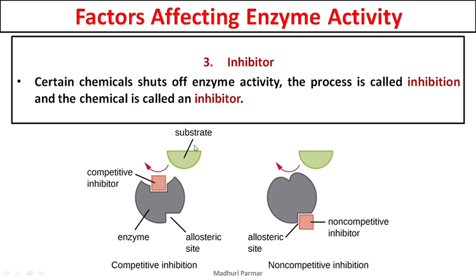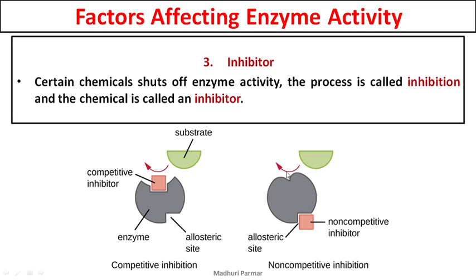In the same way here, there will be competition between the substrate and the inhibitor to bind to the active site of the enzyme. This is called competitive inhibition. If the inhibitor is in higher concentration, it will bind. Because this inhibitor is not the original substrate, the enzyme will bind to it, but will not be able to do its function. So this is competitive inhibition.